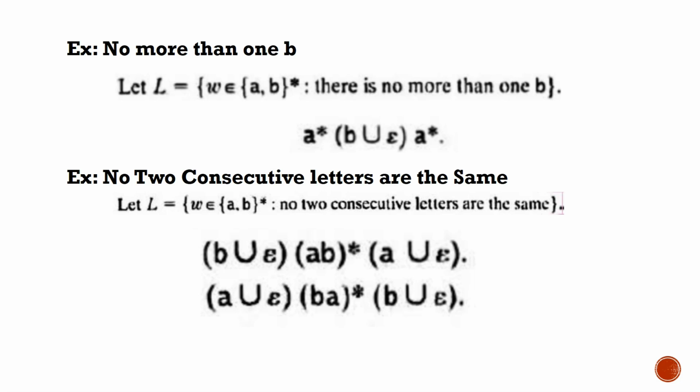B union epsilon, epsilon means a string with length 0, means b is now optional here. Either I get epsilon, meaning no b at all, or the next option is I get a single b. That is, no b's or a single b. This is our case, no more than one b.